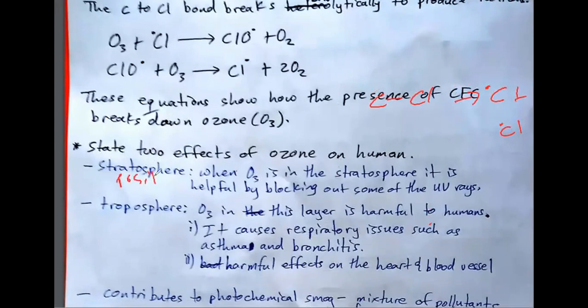When it is in the troposphere, that is where the negative impact comes into play. It can cause respiratory issues such as asthma and bronchitis. It also has harmful effects on the heart and blood vessels. It can lead to atherosclerosis, so it clogs up the artery, basically.